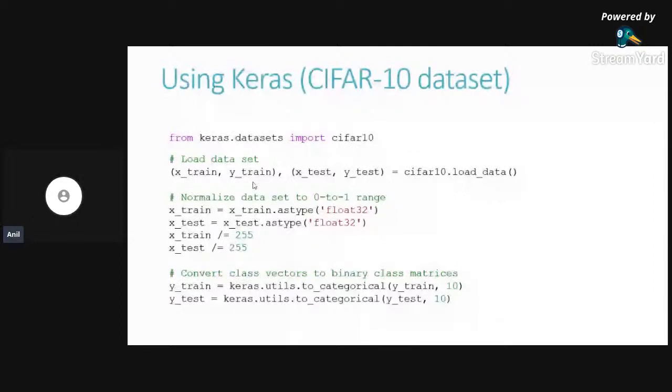For each of the Y train values, we will be assigning integer values from 0 to 9, because there are 10 categories. Okay, so we will be converting the class vectors to binary class matrices. So basically here we are also converting it into a matrix. For example, if we are talking about aeroplane, which is the first class, it will be a one hot vector, 1 0 0 0 till the last value. It will be very clear when I show you the code.